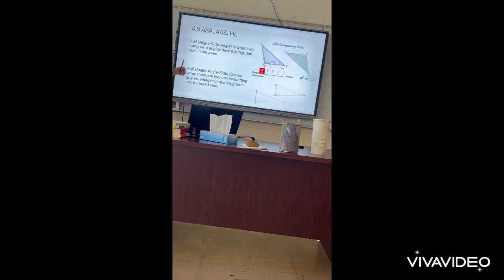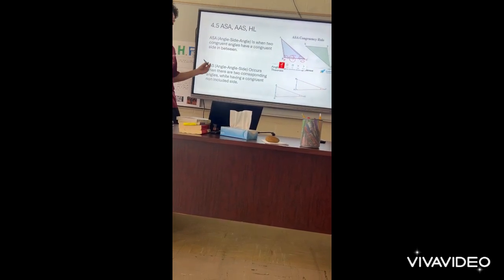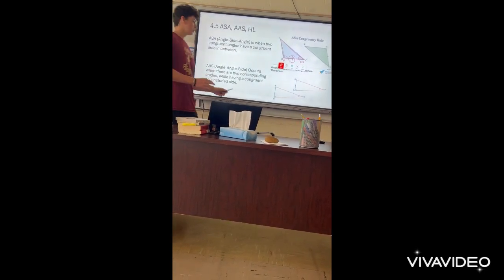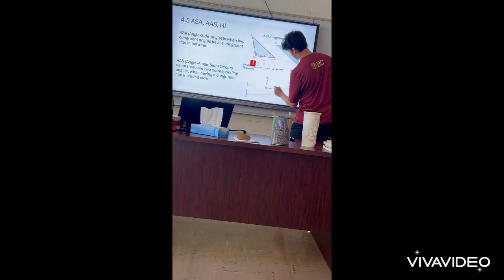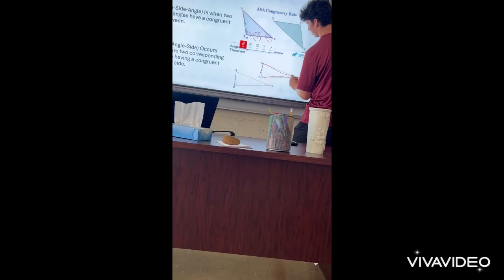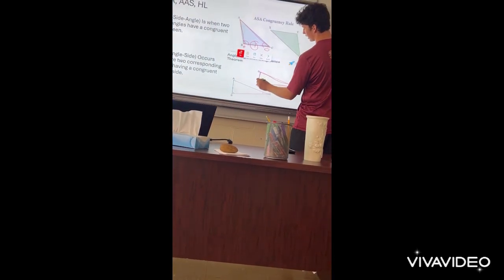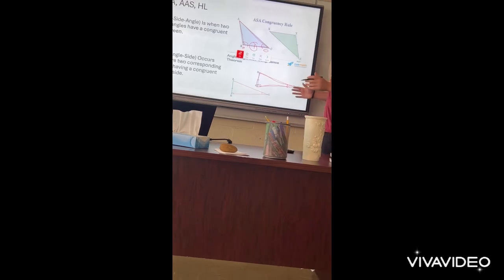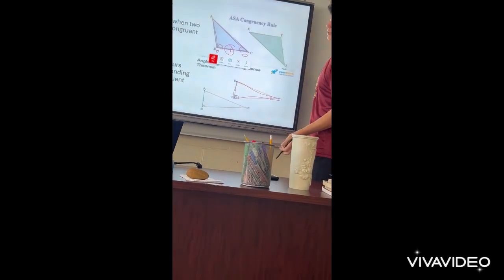AAS, angle angle side, occurs when there are 2 corresponding angles while having a non-included side. This is displayed as DEF, angle angle side. An example of an included side would be ASA.